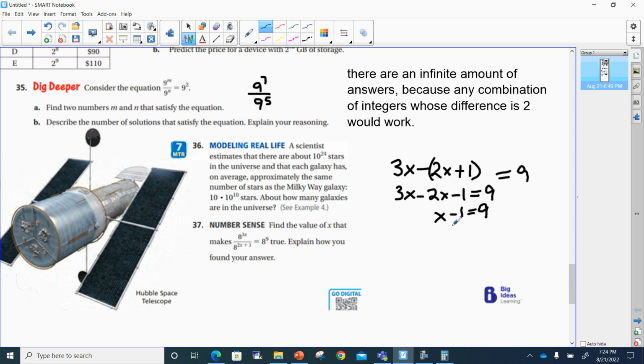The only way to get rid of a negative 1 is to add a positive 1 to it. But whatever I add to one side, I have to add to the other side. And now my x comes down. This is 0 because 1 minus 1 is 0. The equal sign comes down, and 9 plus 1 is 10. And that means my answer must be 10. So number 37, the answer is 10.